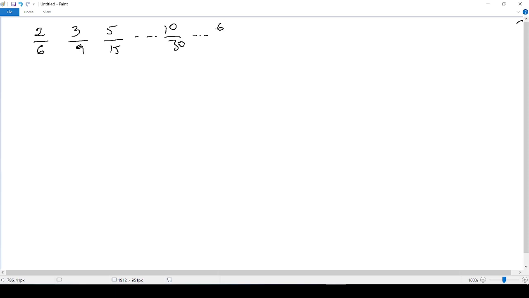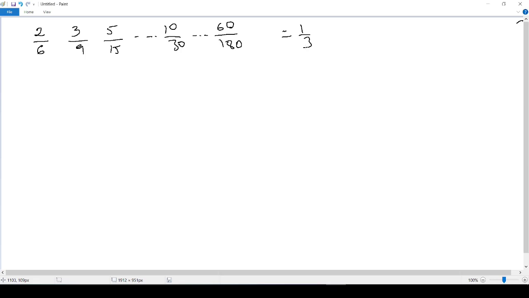We have 60/180. And they all represent the number of the fraction 1/3. So 1/3 is equal to 2/6. 1/3 is equal to 3/9. 1/3 is equal to 5/15, and so on.